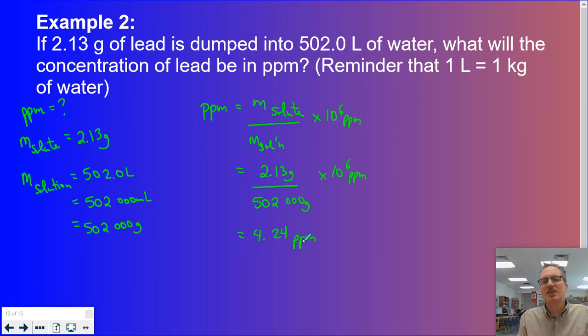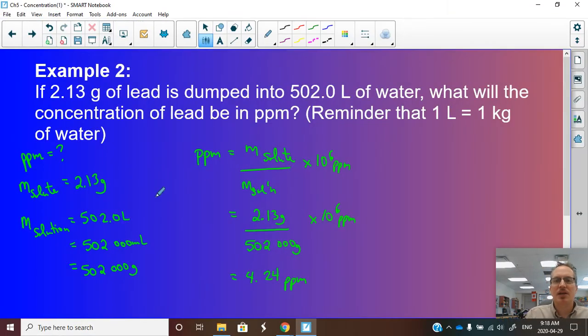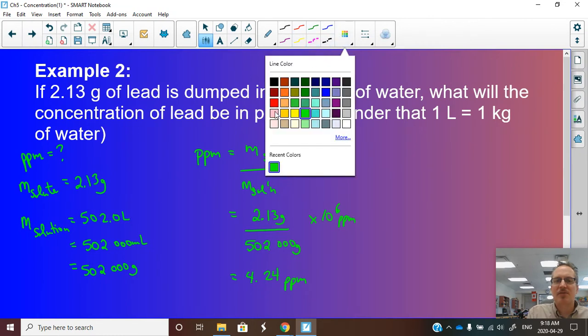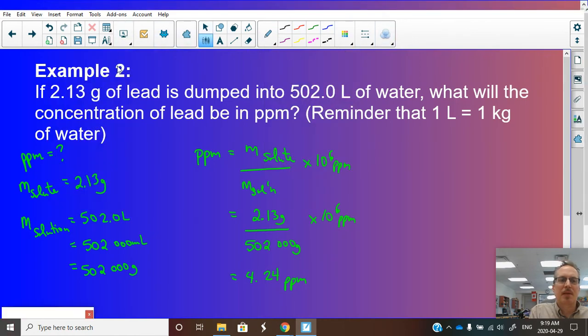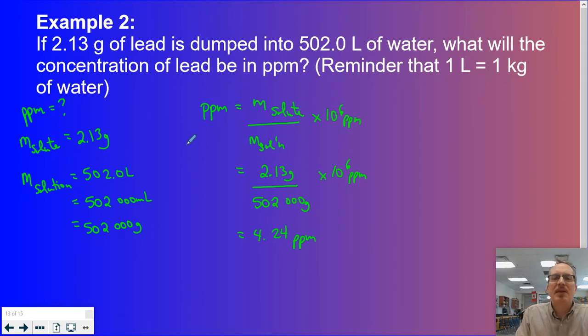Now, I want to pause for a second because we made an assumption in this question. So I'm going to change pen colors for a second here. We'll grab pinkish. In this question, we made the assumption, right? We dumped it into water, 502 liters of water.